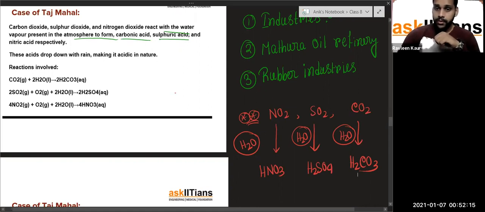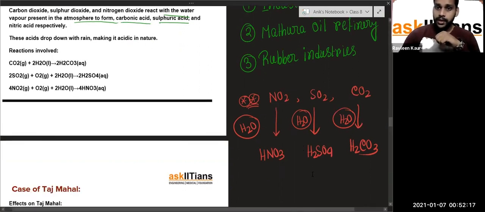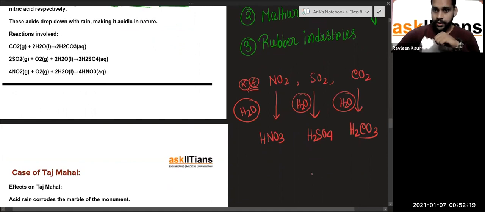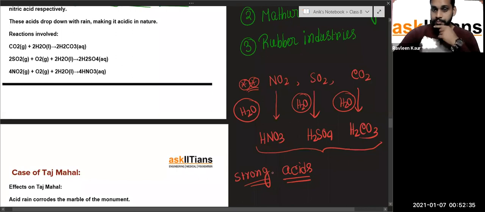These are the different types of acids that are getting there. They are all acids, right? Tell me, strong or weak? They are strong acids, right? They can burn you. Now these acids, what are they doing?